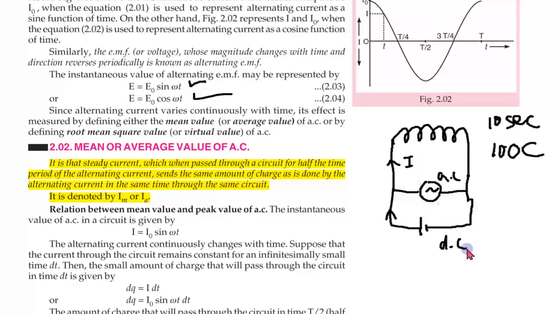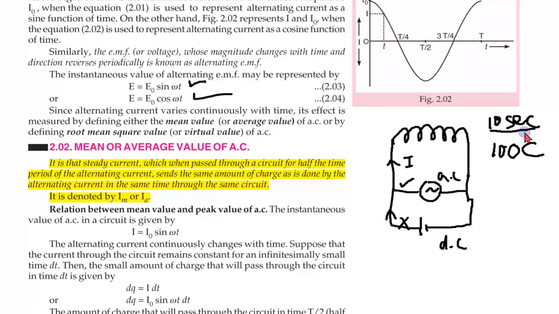Now we disconnect this DC source. I only connect the AC. So I'll pass AC current for the same time, 10 seconds.